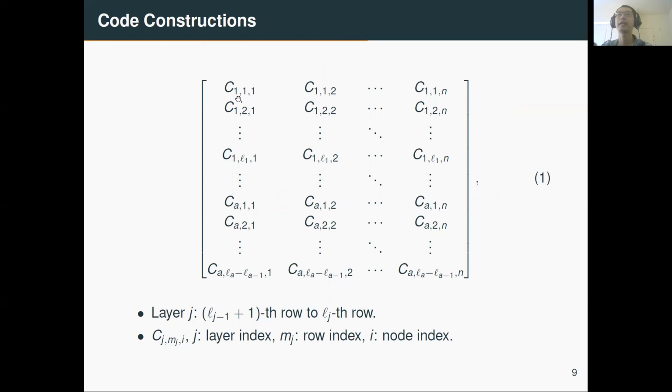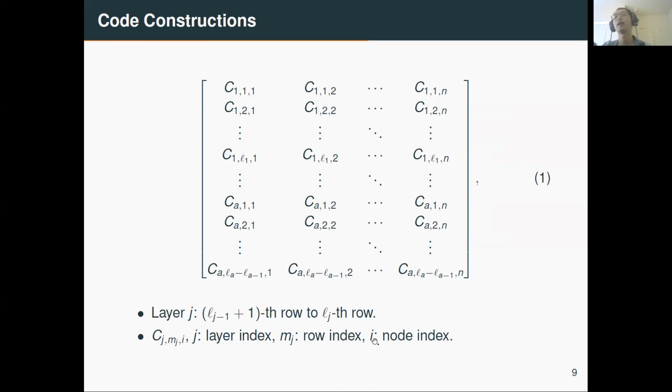We also have three indexes to express the location of each code word symbol. The first index is j, which is a layer index. It means in which layer the code word symbol is located. The second parameter is m_j. It means the row index: after we know which layer the code word symbol is located in, we need to decide in which row it is located.